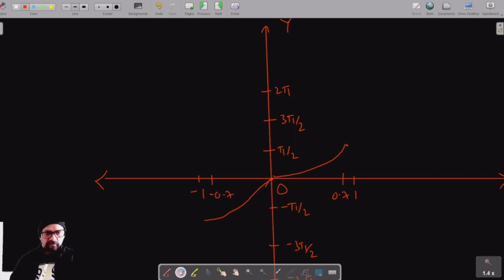So our graph is still the same for -0.7 to 0.7. This is -1 by root 2 to 1 by root 2. And this is the graph. So you can give it a free hand.